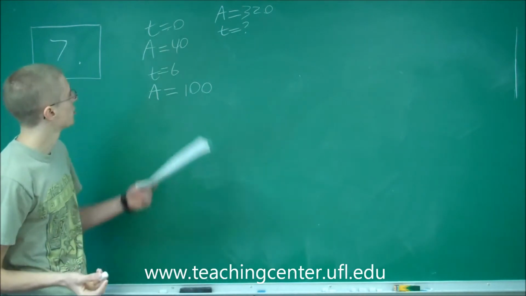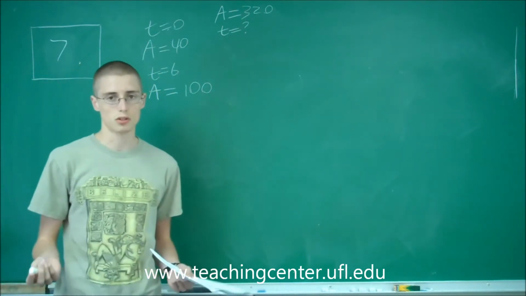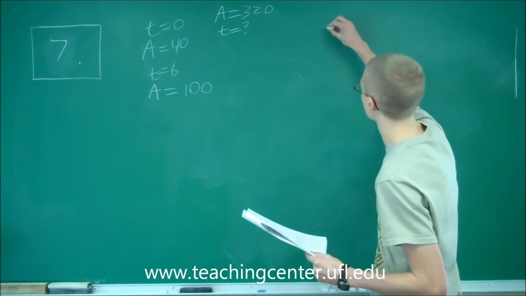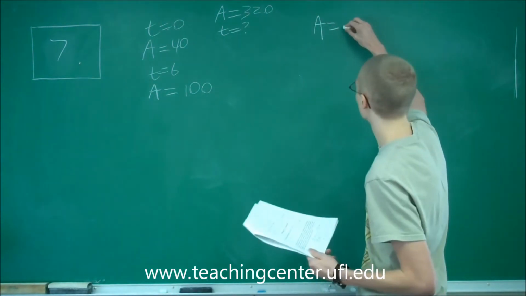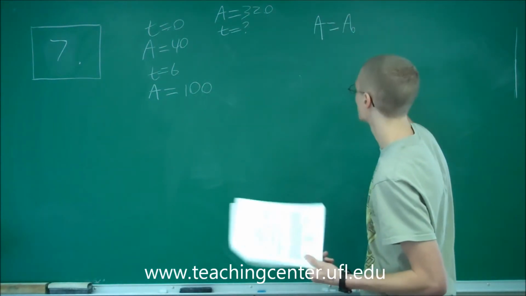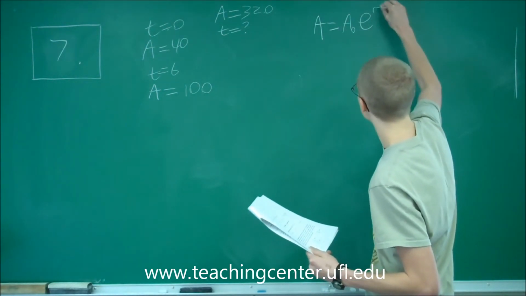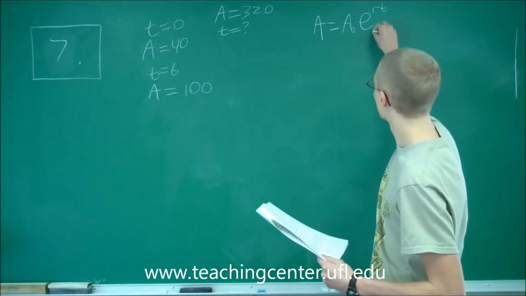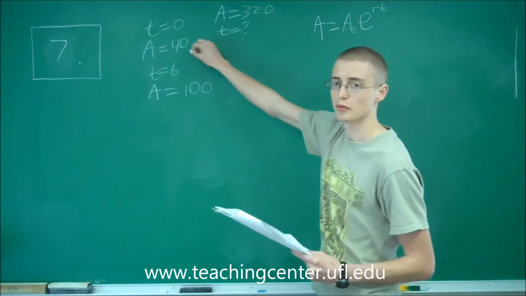Alright, so to do this, we need to use the information they gave to us. So the exponential growth model basically has the equation, the amount equals the initial quantity, we'll just call that A0, times e to the rate times the time. Now, when t equals 0, we had A equal 40.